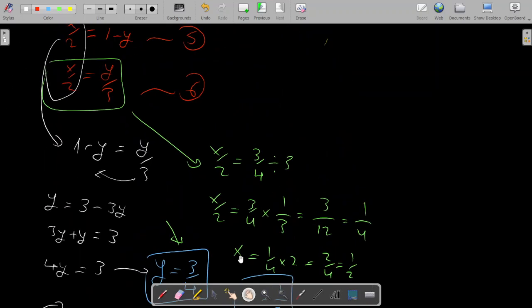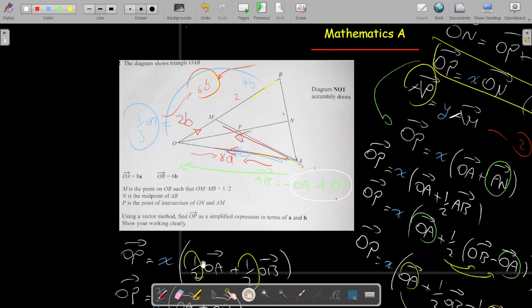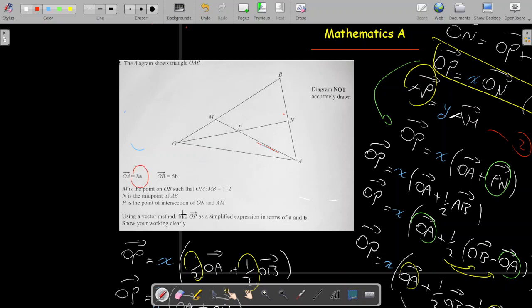Now the last step to solve this problem, look at the equation. I'm going to clear everything because it's not needed. So how do I describe OA? It's 8a, right? And OB is representing 6b.